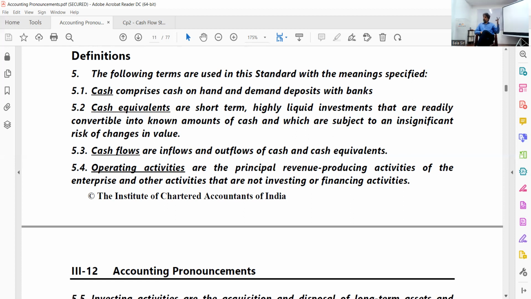Now please write point B. What is that? Disposal, nothing but sale, of again tangible and intangible long-lived assets.